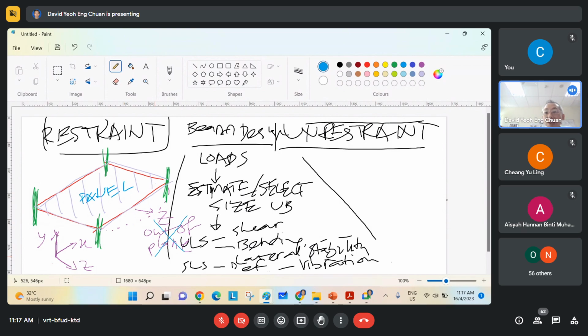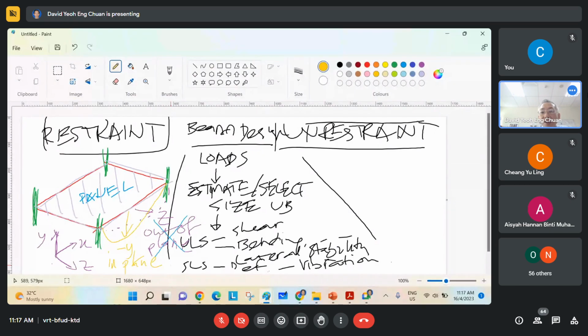But what can happen is, I put orange color, it will deflect downward, in the negative Y direction. And this is called in plane.